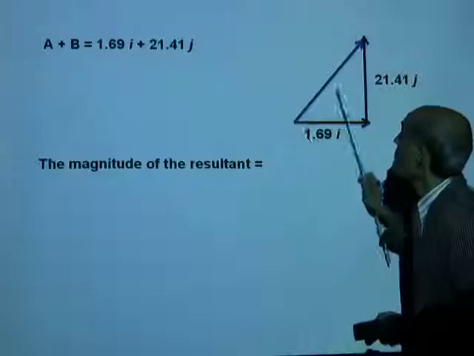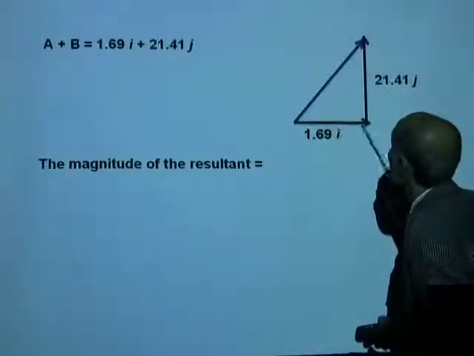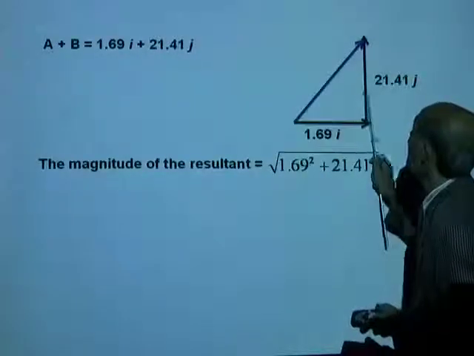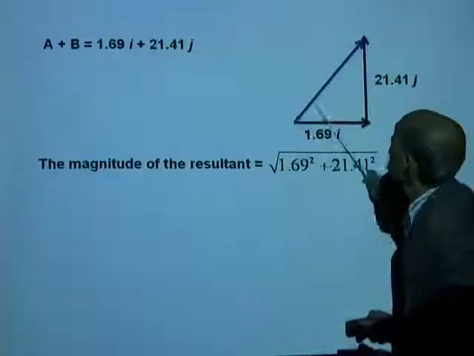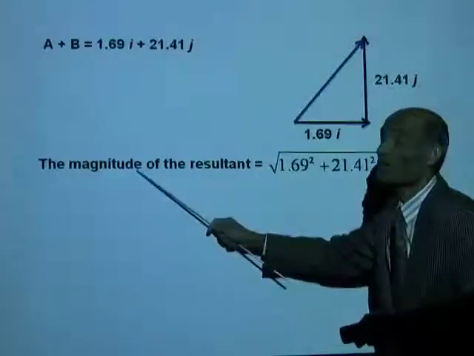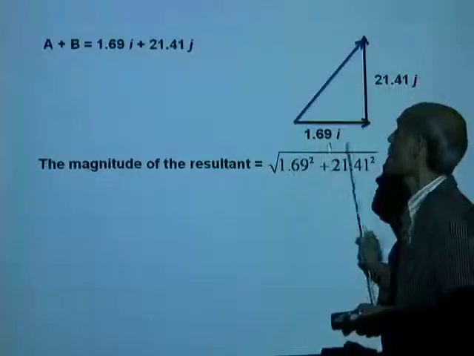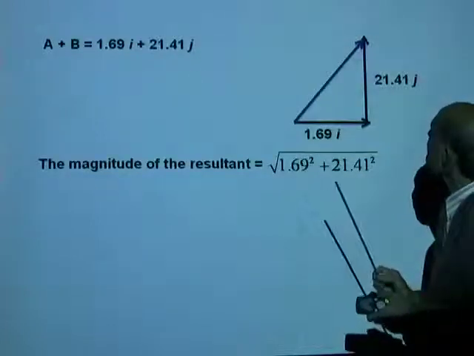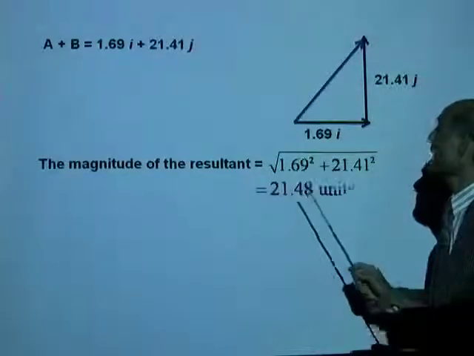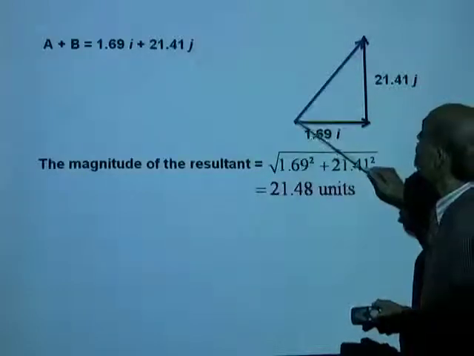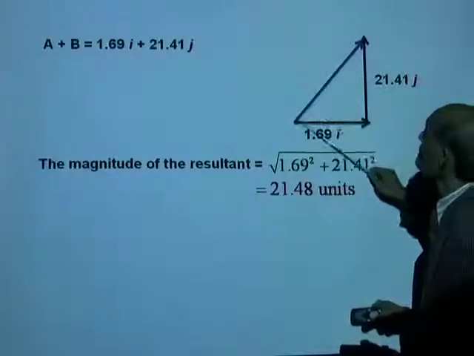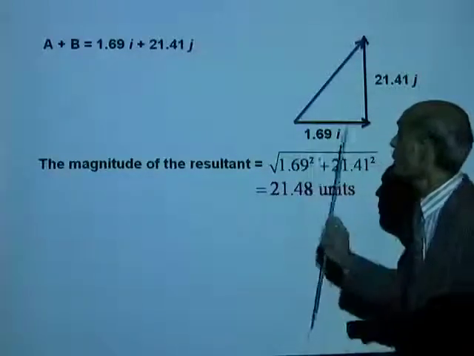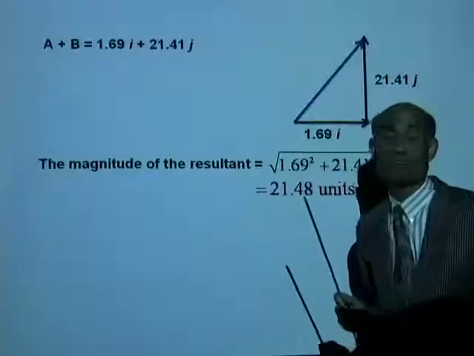The magnitude will be square root of x squared plus y squared, which will give you the length of the hypotenuse. The magnitude of the resultant is square root of 1.69 squared plus 21.41 squared, and that will be 21.48 units. The length of the resultant vector is 21.48 units.